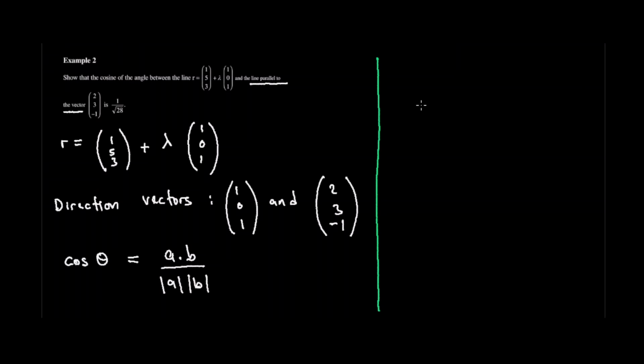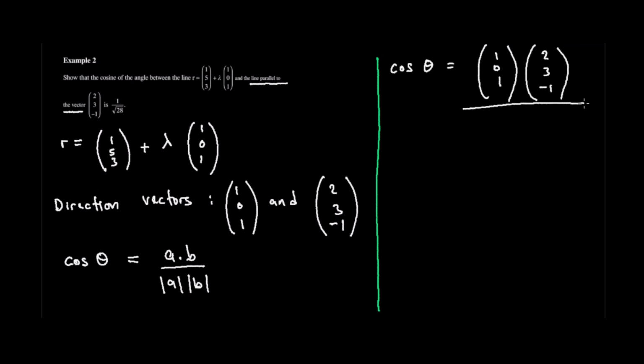So here we are saying cos theta is equal to, our a is 1 0 1, then our b is 2 3 minus 1. This is over 1 squared plus 0 squared plus 1 squared, 2 squared plus 3 squared plus minus 1 squared, like that.